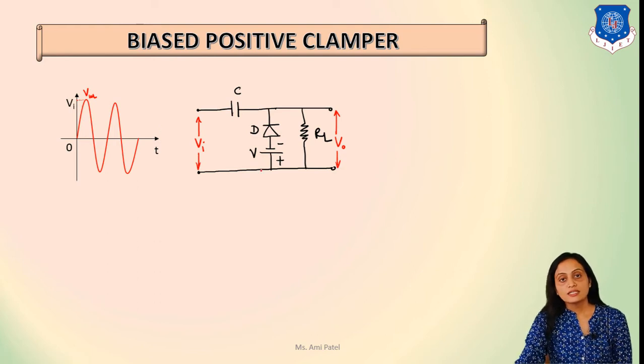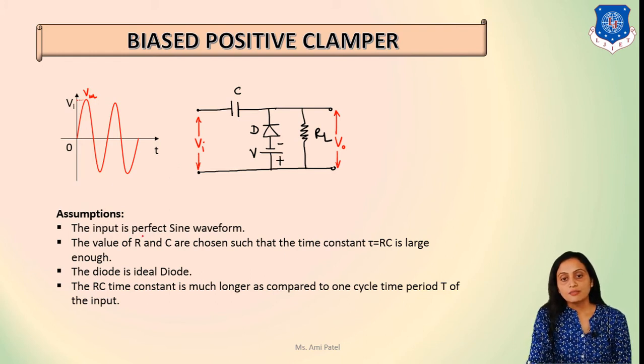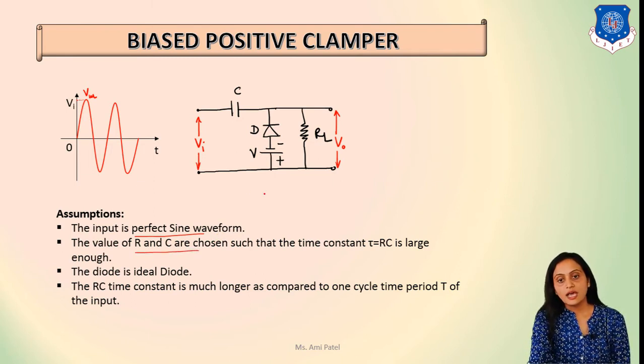Certain assumptions you need to keep in mind while designing the clamper circuit. The input we consider in the analysis is a perfect sine wave, and the values of R and C, here it is RL into C, are chosen such that this RL into C product, that is the time constant, is very large.